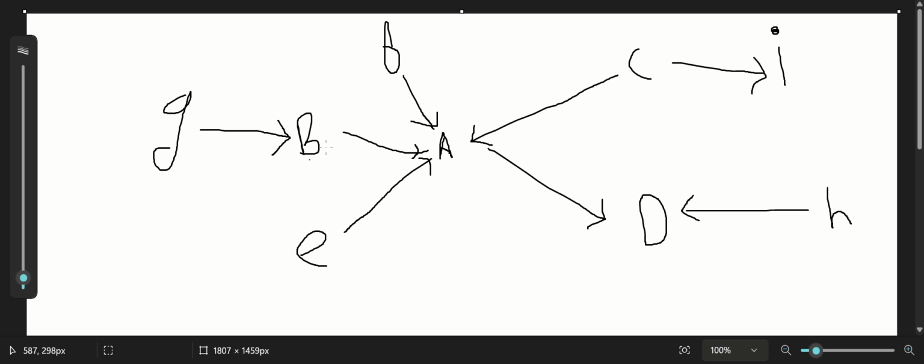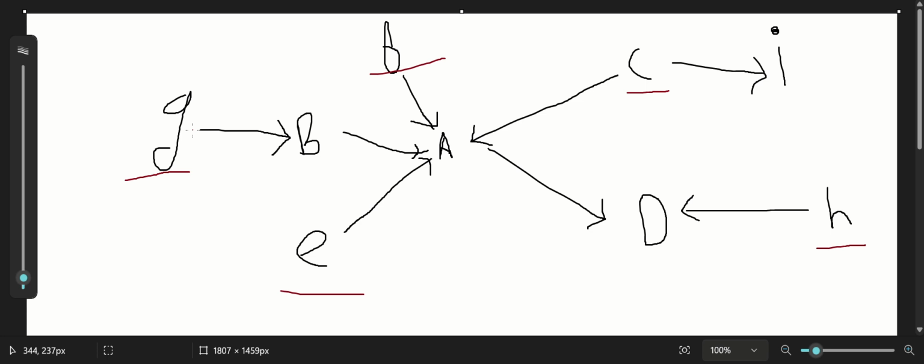What we take first are those nodes whose parents are none. So first we take G, then E, then C, then F, then H.